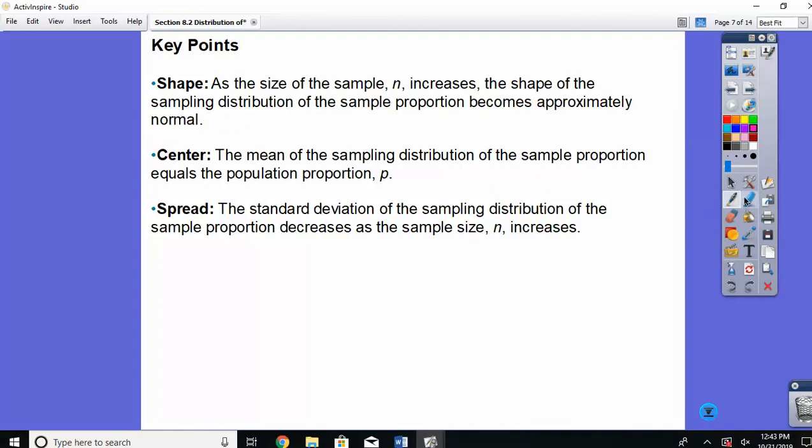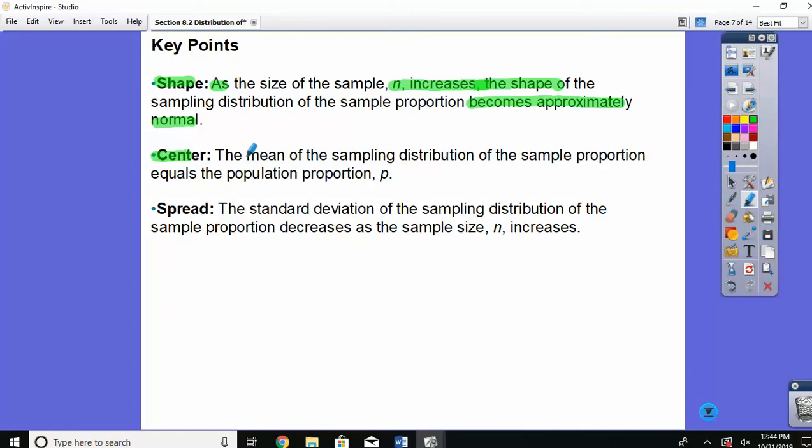So just some key points. These were true for x bars when we were talking about sample means. This is still true for p hat. Talking about the shape, as n increases, the shape becomes approximately normal.